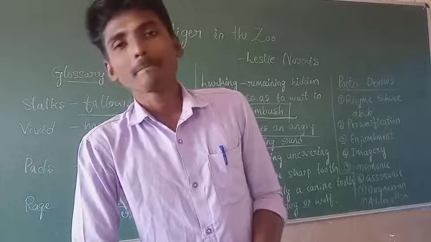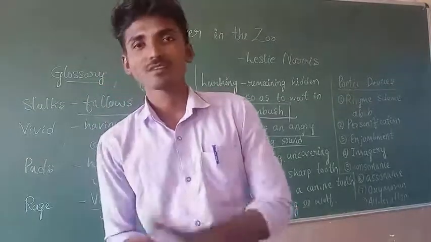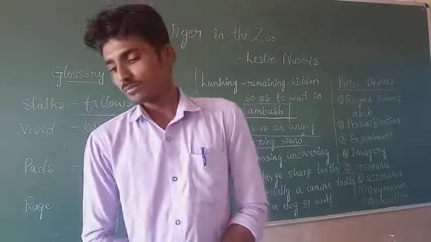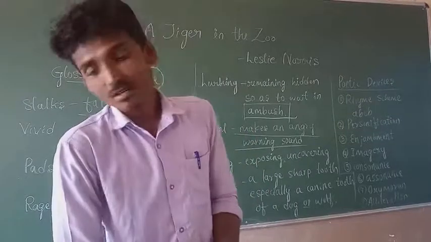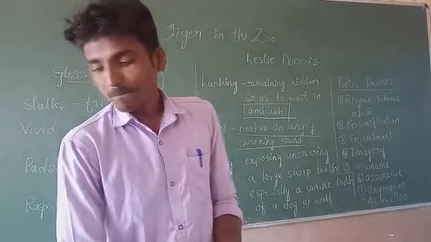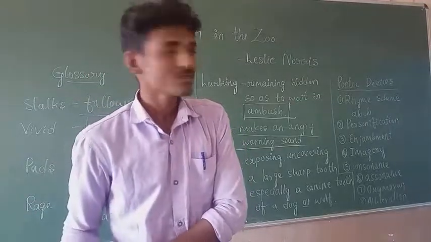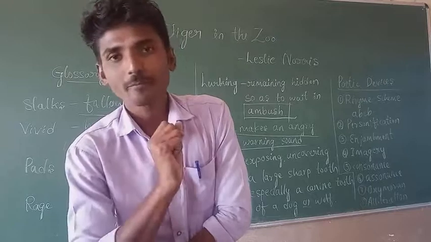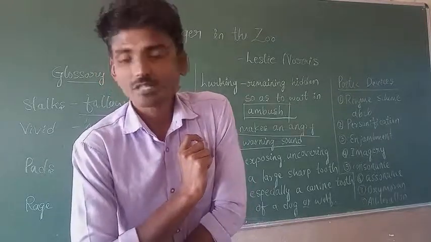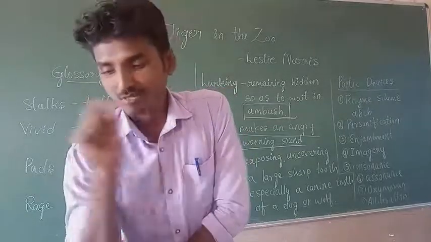So the zoo tiger and the jungle tiger's nature is explained very beautifully by Leslie Norris. Here this is all about this poem. Some poetic devices were there, and I will tell you which types of poetic devices are used in this poem.